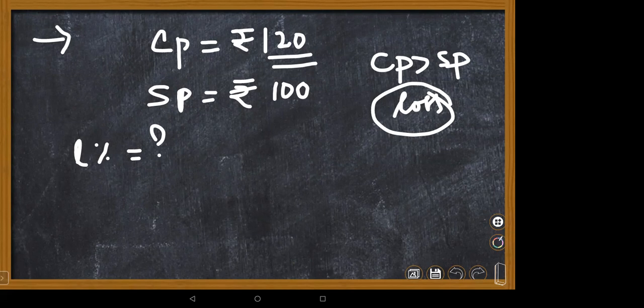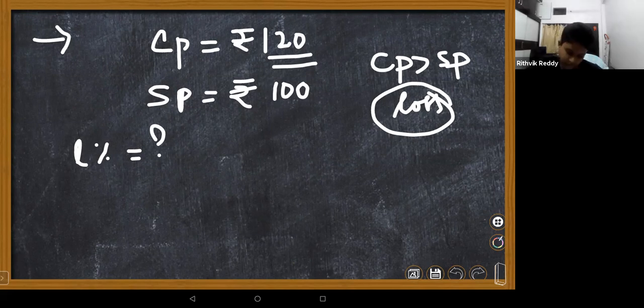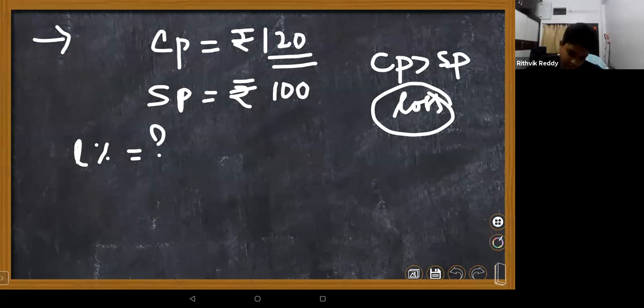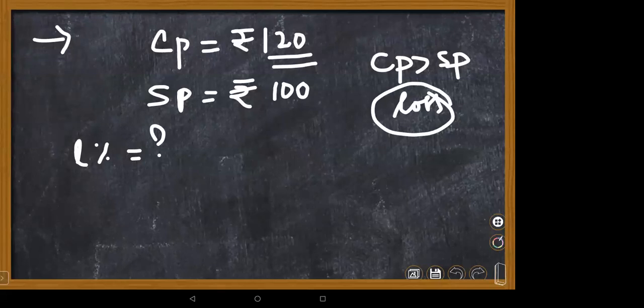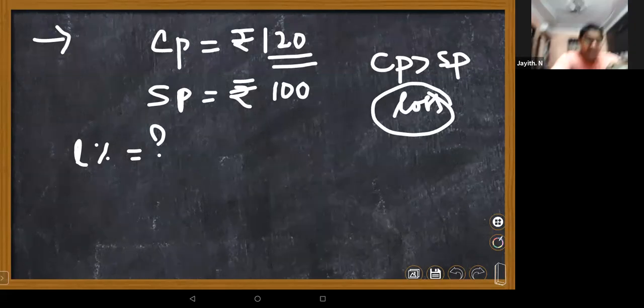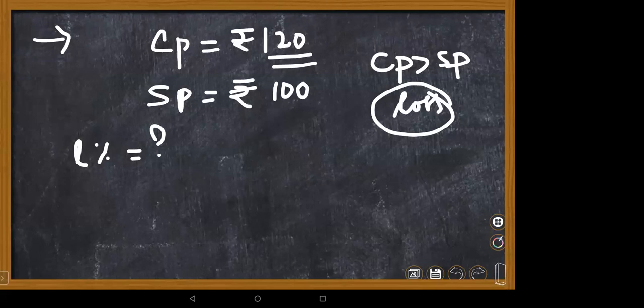No, Nana, you are doing wrong. Can I help you, children? Ma'am, the answer I got is 16 2 by 3. Very good. Yes, ma'am. 16 2 by 3, that is 50 by 3.